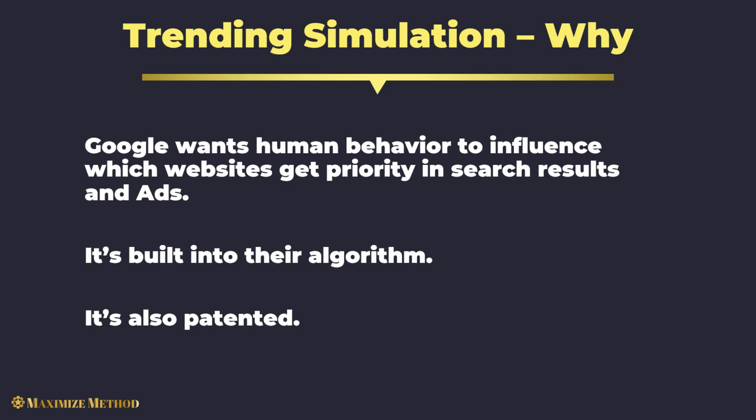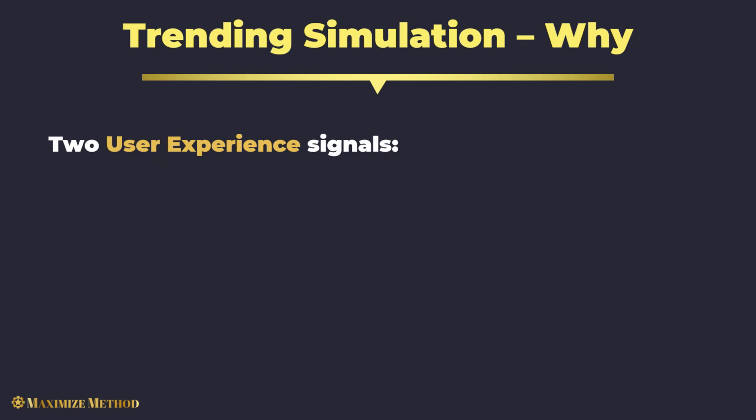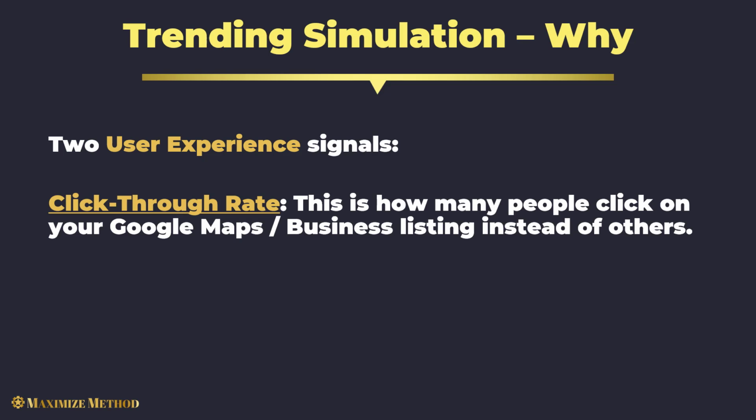Now, of course, there are other factors that determine if a website or a Google business profile ranks well. It's not just human behavior, but it's becoming an increasingly more significant part, and that's been happening over the last several years, actually. So there are two user experience signals that Google really focuses on, and that is click-through rate.